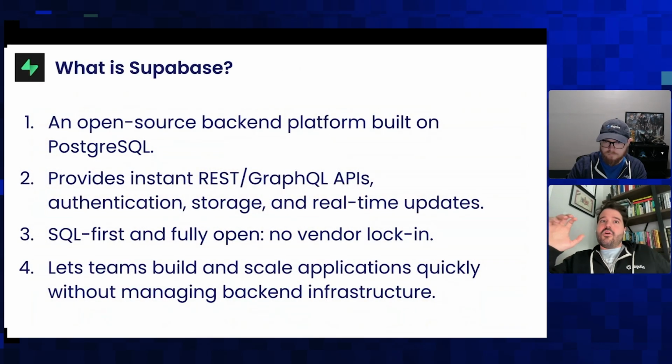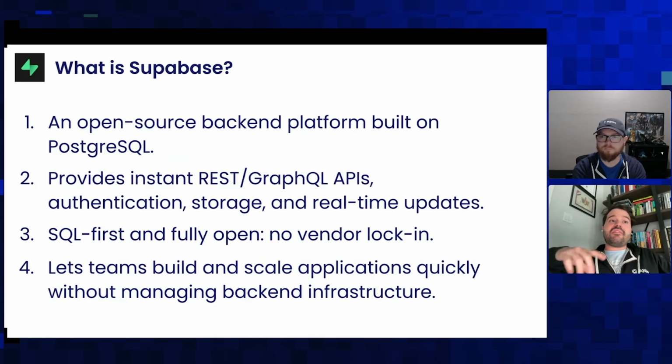Now, going over to how we're going to get that data into Algolia, we're going to use Supabase. But first, what is Supabase? Supabase is an open source backend platform that's built on top of Postgres. So if you know Postgres, you can quickly adopt Supabase. You have quick authentication, storage, real-time updates.